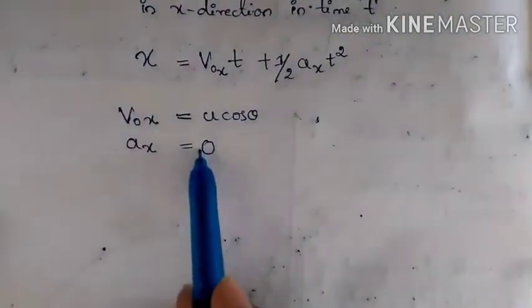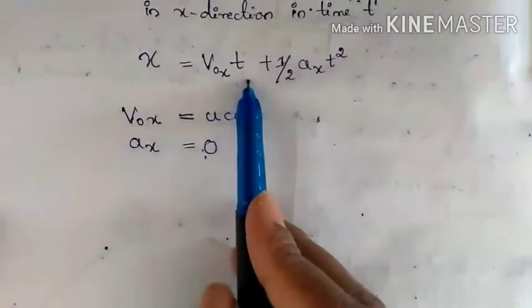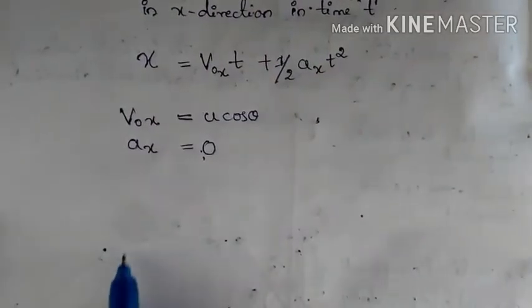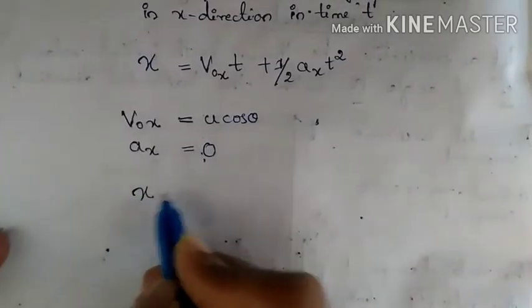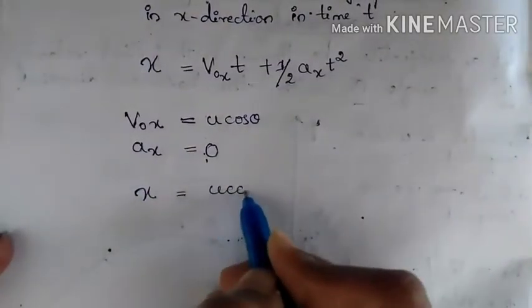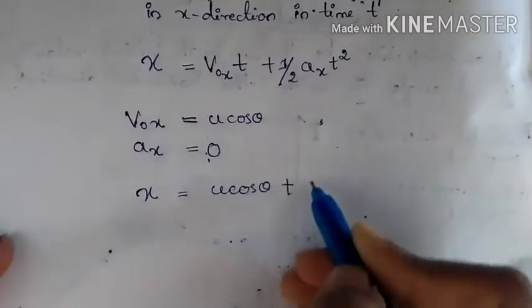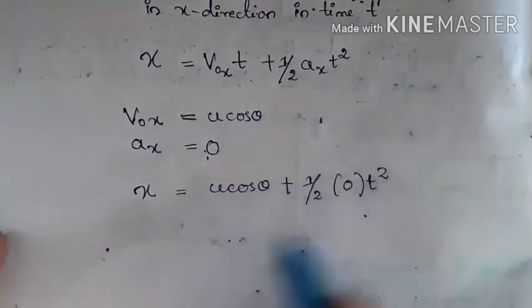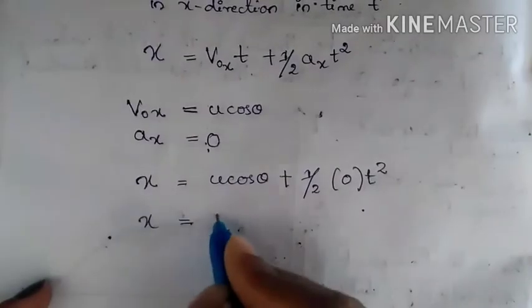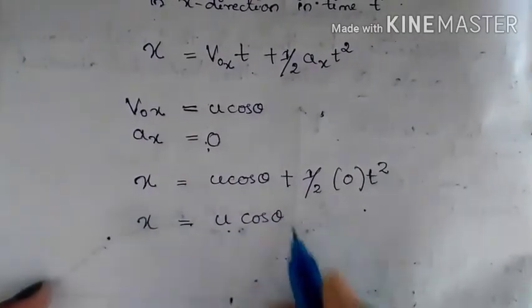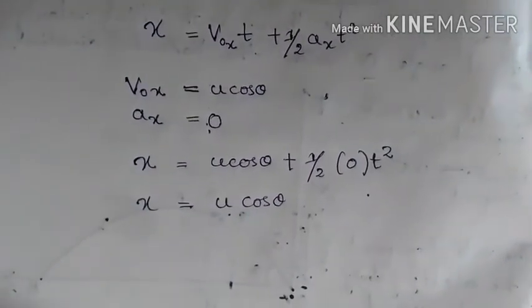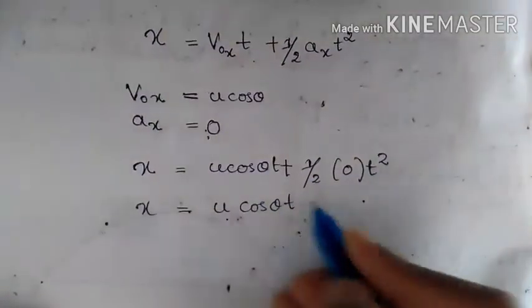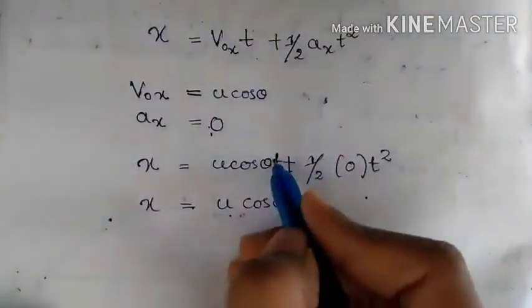So now if you substitute both these in the equation, then you get x is equal to u cos theta t plus half 0 t square. So that gives x equals u cos theta multiplied by t.